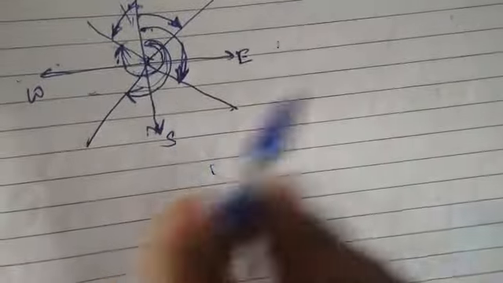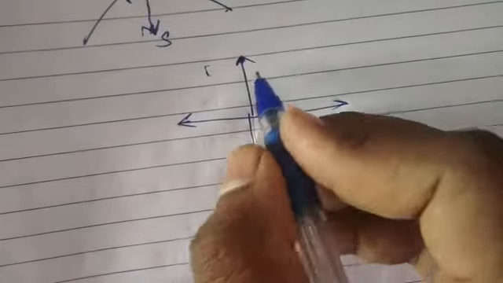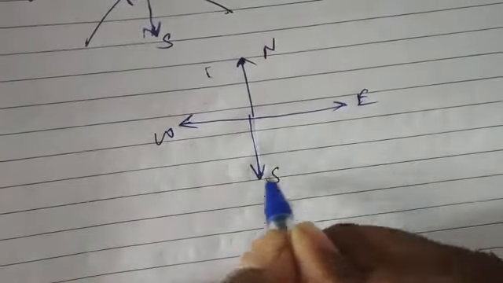Now let's see what is quadrantal bearing. Again I will draw the reference axis system. So this is north, east, west, and this is south.